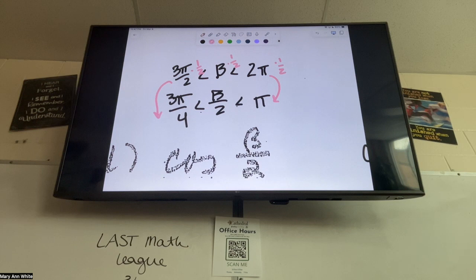That is in the second quadrant, and we know based on All Students Take Calculus, cosine is negative in the second quadrant. So that's how I got negative there.